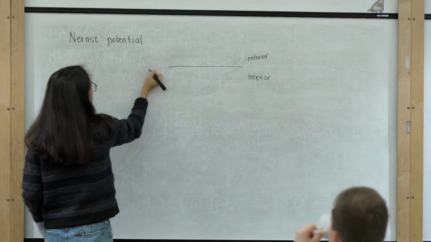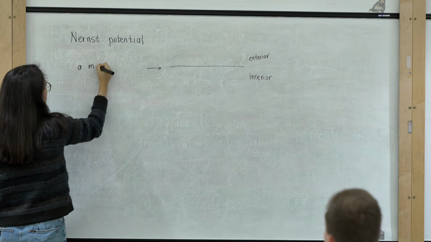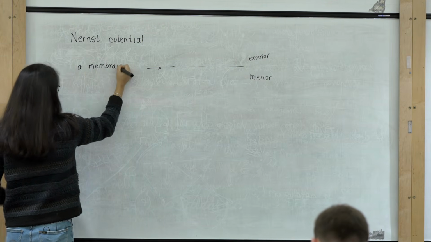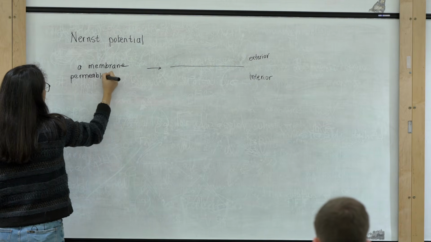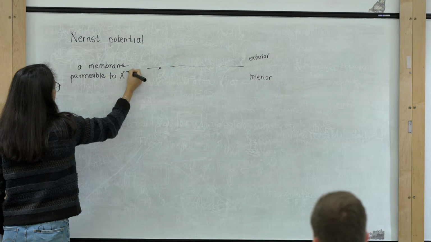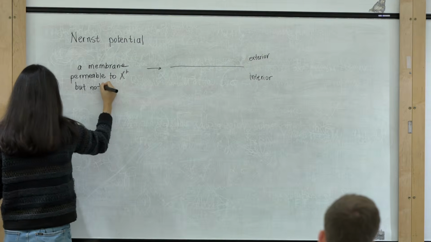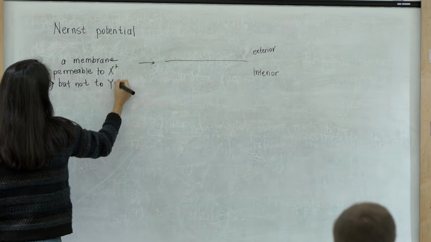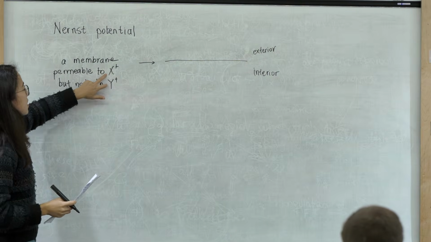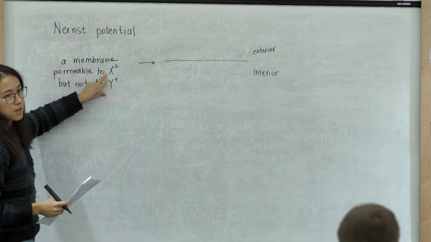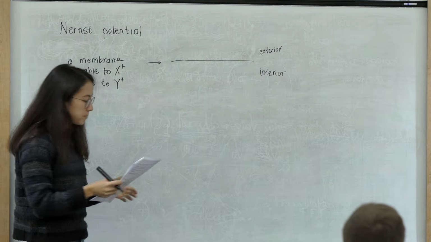And I will tell you that in this specific case that we are drawing here, it's a membrane that is permeable to a specific ion X plus, but not to Y plus. So I have two different ions, you name them, and they have the same charge in this case, but one is X and the other is Y. X can easily pass through the cell membrane, but the Y cannot.